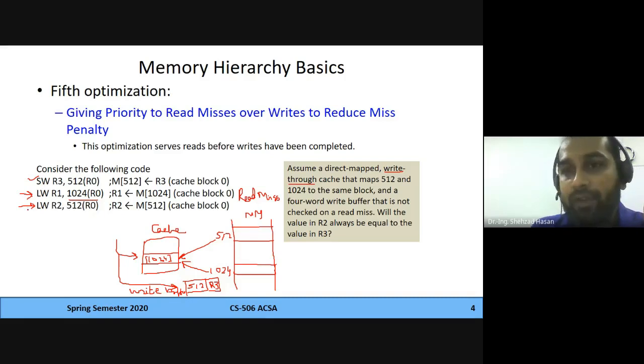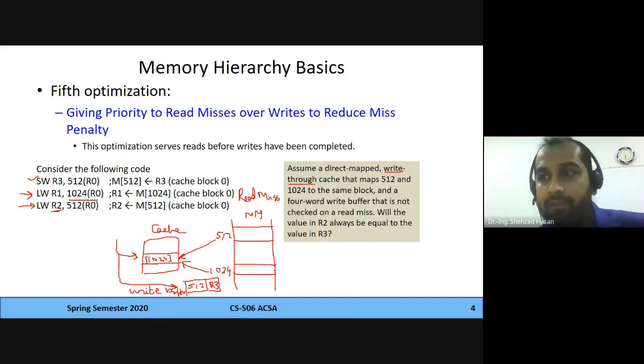Now what happens in the third instruction? In the third instruction, we are again loading something from 512 into the cache and storing it into R2. So what should have happened?